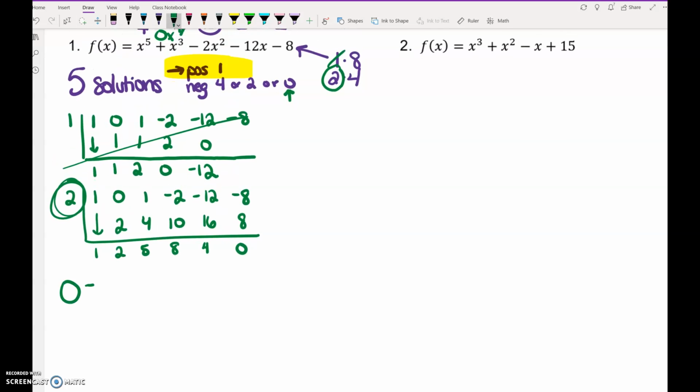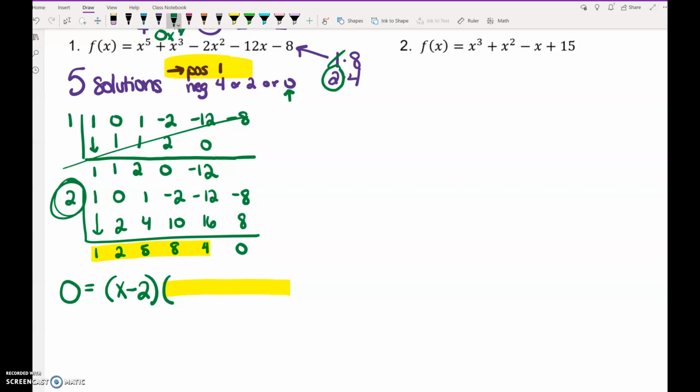That means x minus 2 goes in the factored form. If your solution is positive 2, x minus 2 was in that factored form. And this stuff is going to become the next set of parentheses.